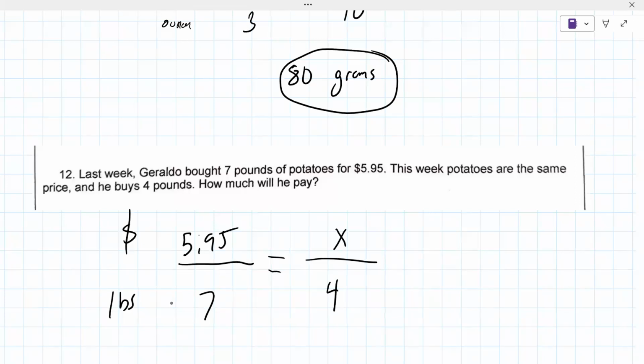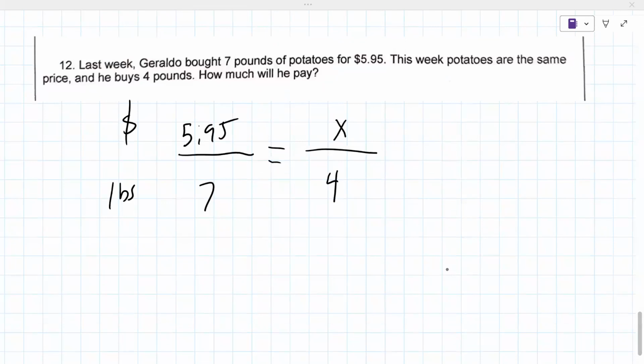Okay, very good. So you will have to cross multiply here. I guess calculator's okay if that's what you're doing. So you would do 7 X equals.